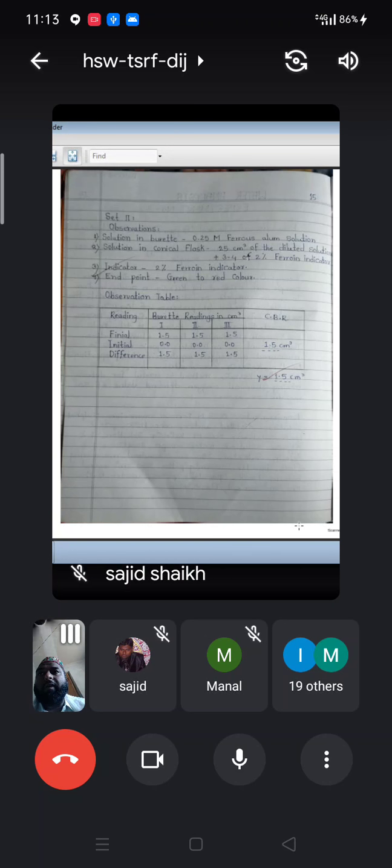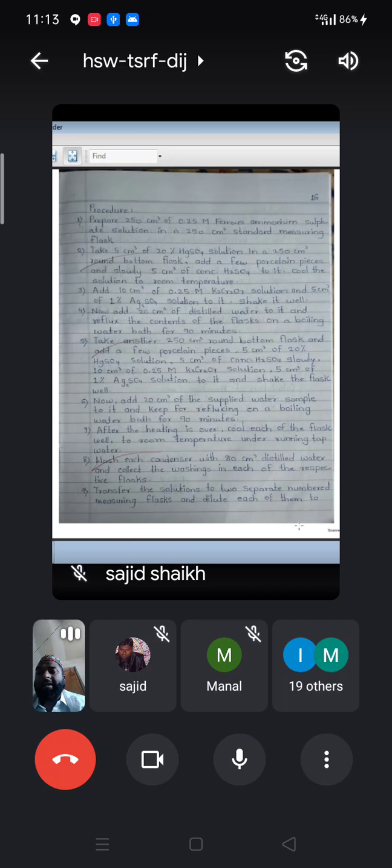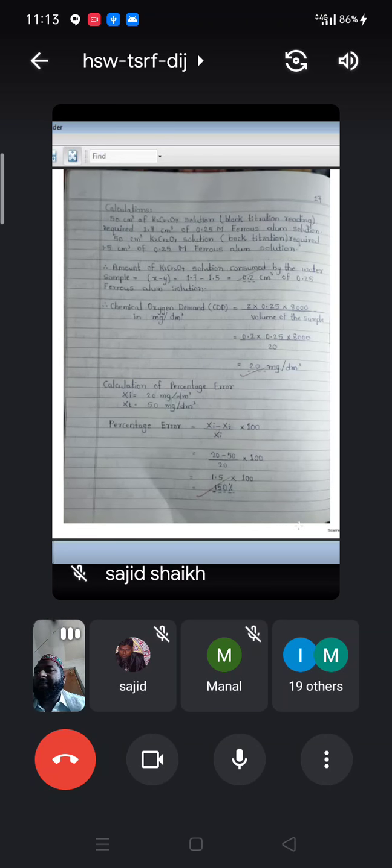Then calculation is very much important. See, 50 cm cube of the K2Cr2O7 solution. We have prepared it, see there what is written there. You can see that.